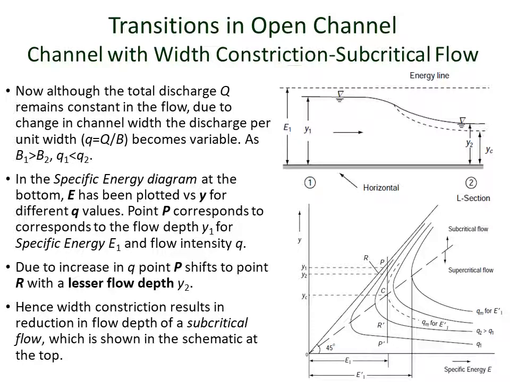Now, although the total discharge through the channel remains constant, due to the change of the channel width, the discharge per unit width, or the discharge intensity given by small q, which equals capital Q by capital B, becomes a variable here. So as you can see, capital B1 is greater than B2, so small q1 will be less than small q2.